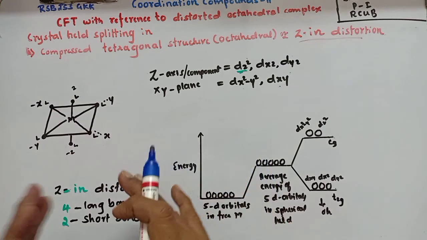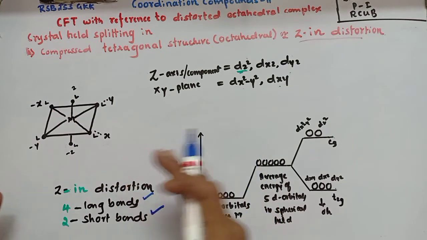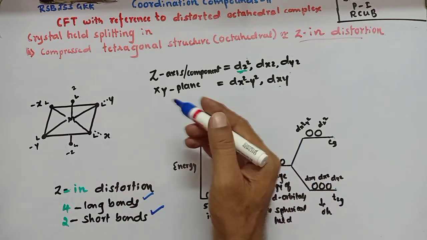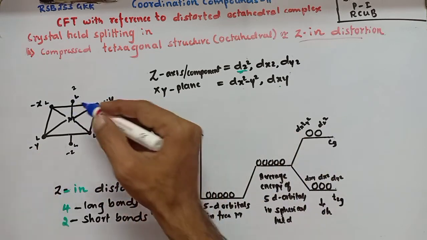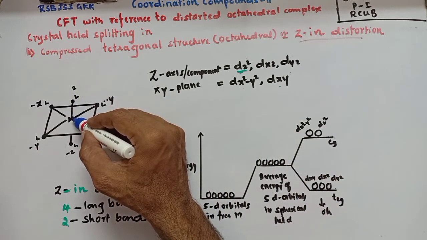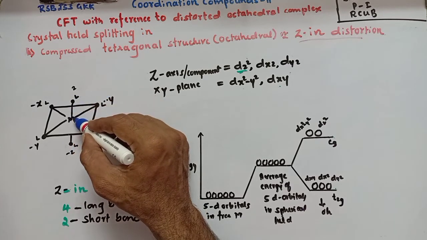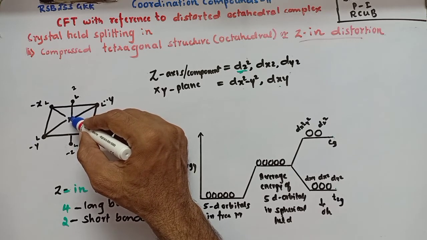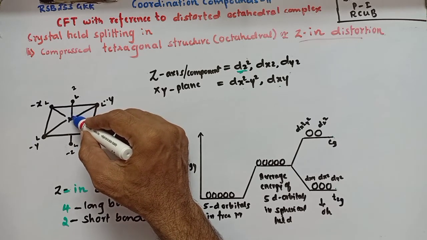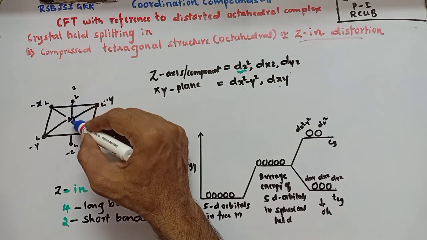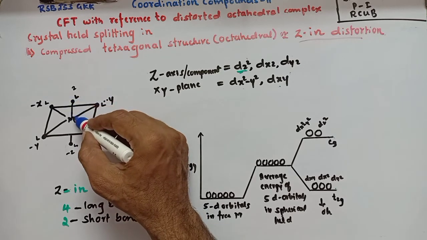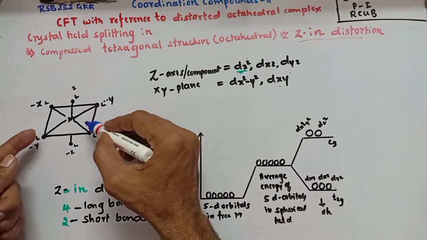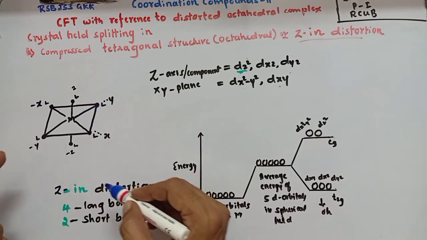So as a result of this, what will happen? The d orbital lobes which are present on the Z-axis, or the d orbital lobes containing a Z component, will experience more repulsion because the ligand is nearer to the central metal ion, when compared to the other orbitals which are present in the xy plane.